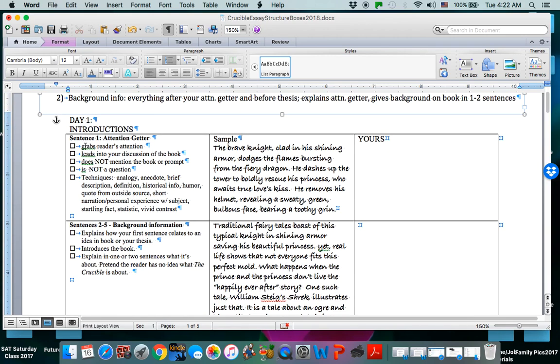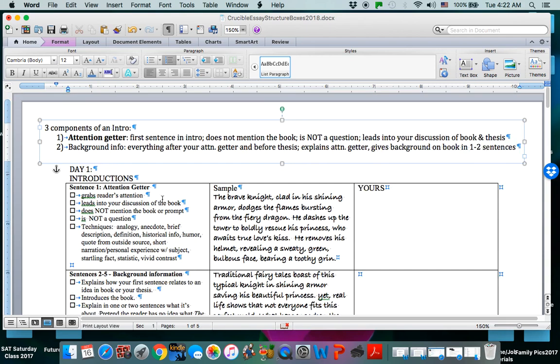So if you look down here, it explains how your first sentence relates to an idea in your book, introduces the book, and explains in 1 or 2 sentences what the book is about. So again, it can be 2 sentences. Usually I can't do it in just 1, I have to do 2.